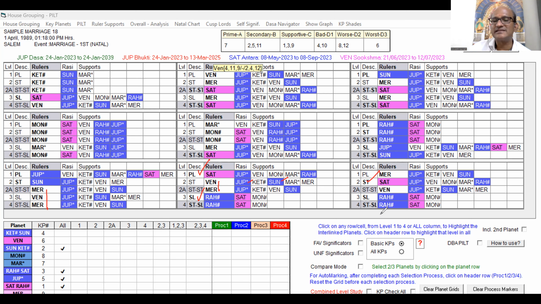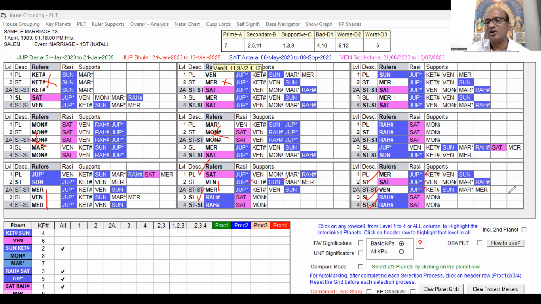Mercury's Star Lord is our favorable key planet, the Sublord is also a favorable key planet, the Star Lord of the Sublord is also a favorable key planet, and the Rasi Lord is also good. And Ketu, no. Mercury, no. And Sun, Star Lord, Sublord, no. So Moon is not. Mars is not. So under Rahu, the key planet Saturn is present at star level and sub level.